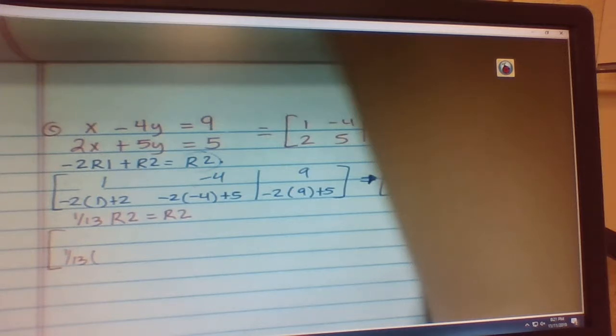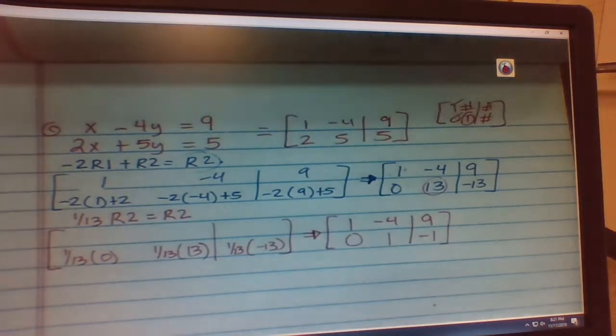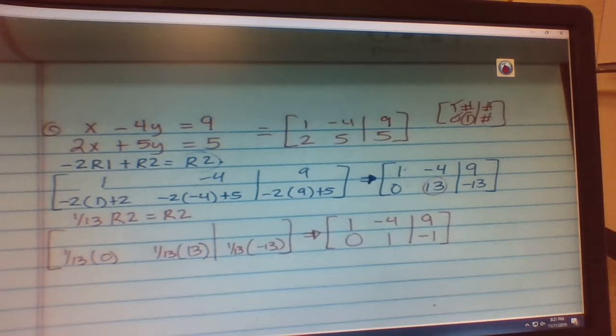So when you finish that, this is what I'm hoping you got. Is that correct? Okay, so then finish all the way Gauss Jordan.